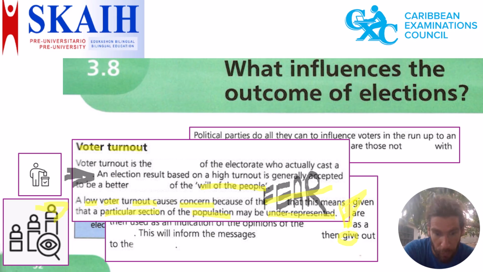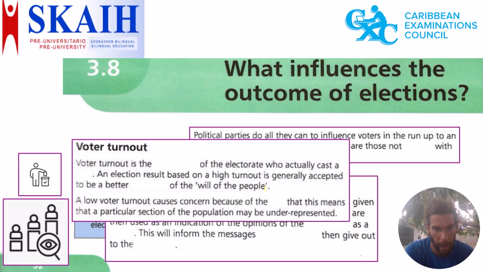Yeah, so after the election moments, people will look at, okay, how many people did vote? What was the voter turnout? And if the voter turnout is low, this can worry people because a part can be underrepresented.